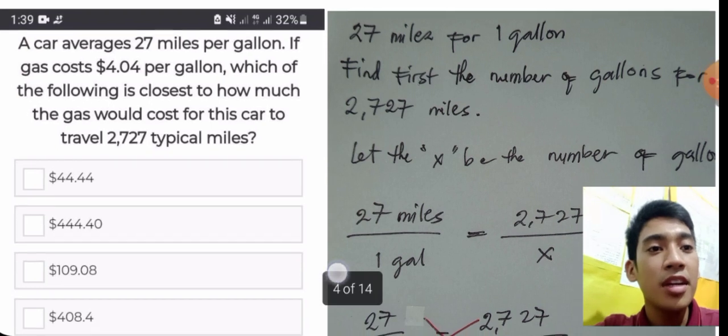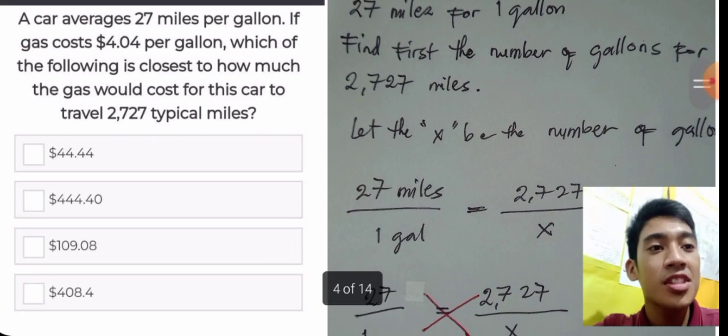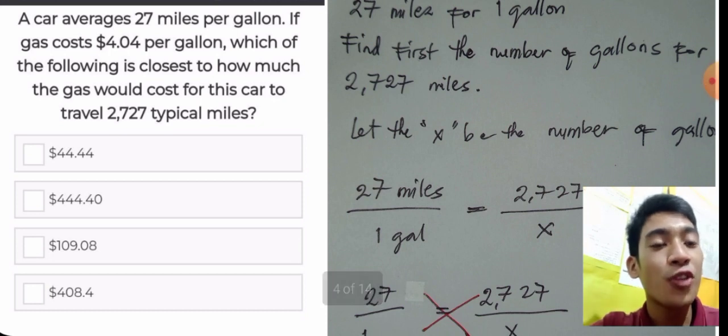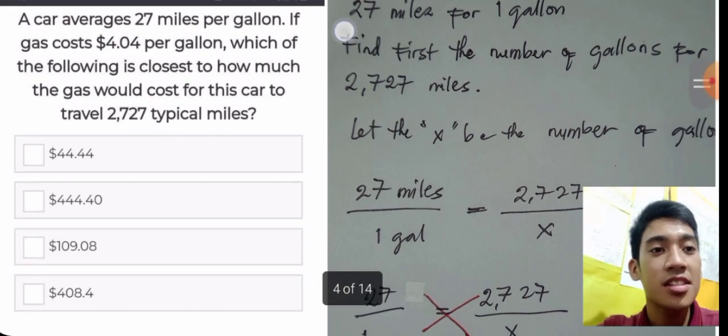So the very first step is to find the number of gallons for 2,727 miles. Let us determine how many gallons there are. For 1 gallon, a car can travel 27 miles.